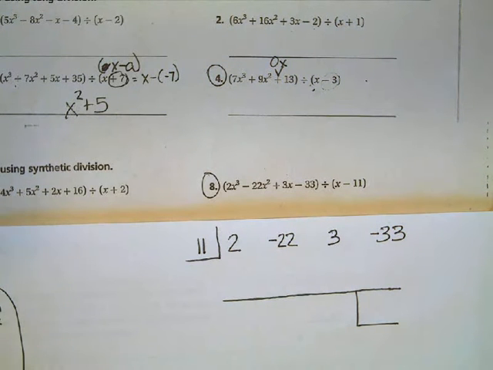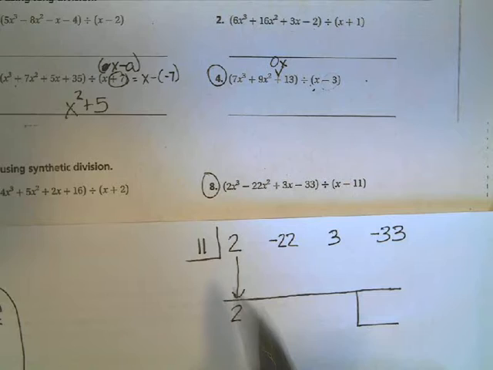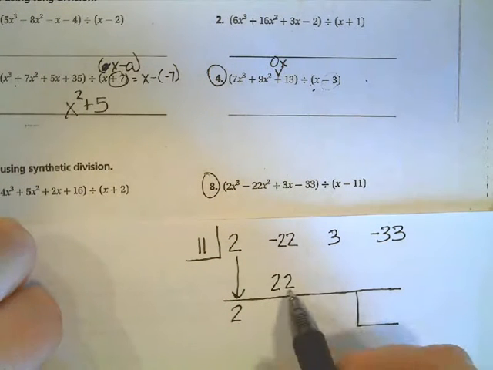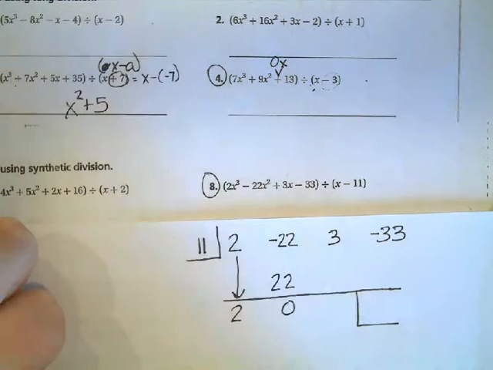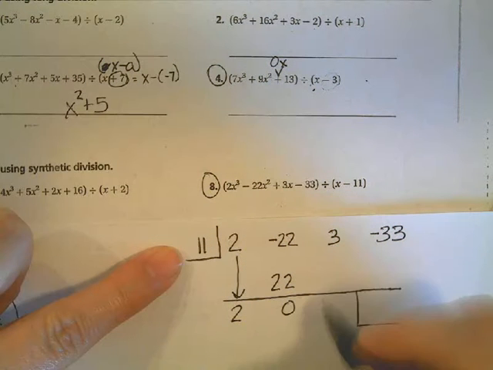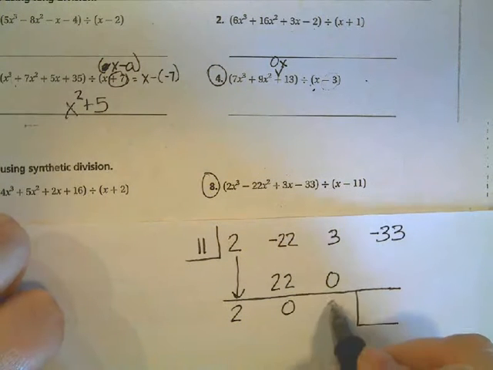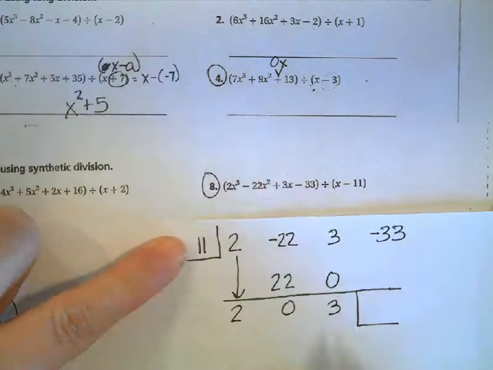Bringing down your first term, multiplying, combining, multiplying, combining, multiplying, and combining. Leaves you with a 0 remainder.